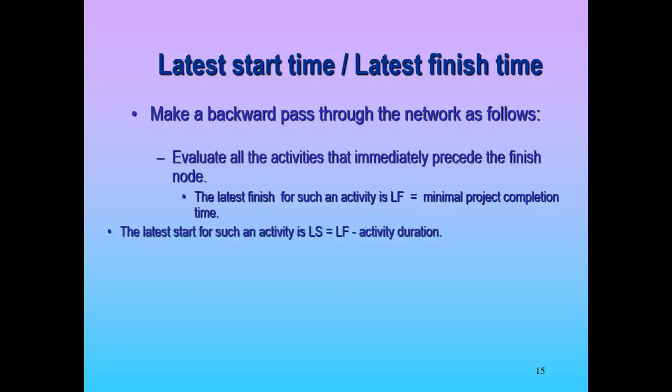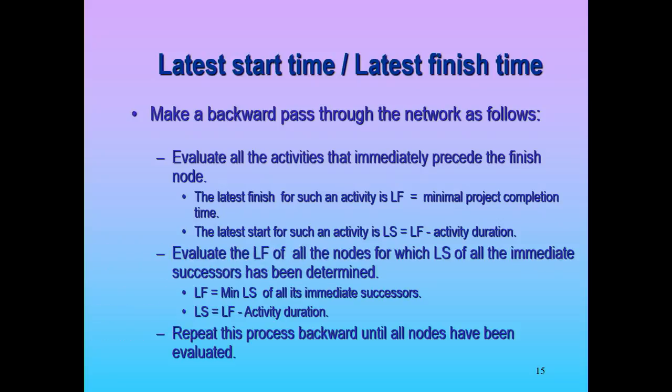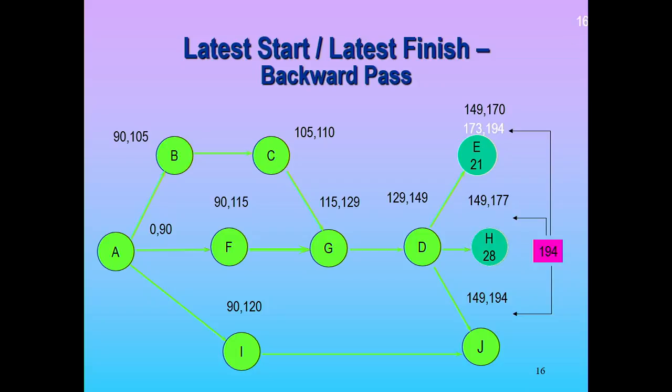So what we do is we're going to move backwards. Instead of moving forward through the network, we're going to move backwards. And let's just go through it. So 194 is when the whole project can be done. So we start with the end activities that have nothing after them, and they all get a late finish of the project completion. So 194, 194, 194.